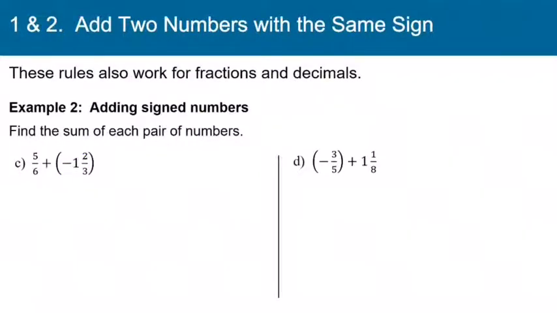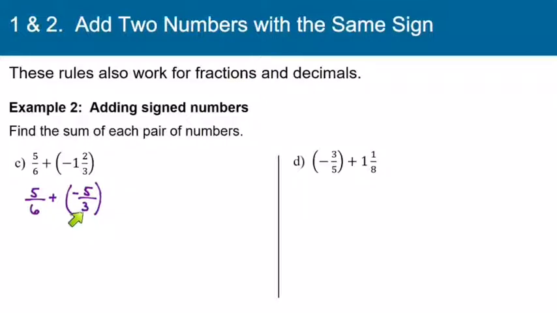Now, I have seen students before try to treat the 1 as negative, but remember the negative applies to the entire mixed number. So just let the negative sit out front and convert this mixed number to an improper fraction, and then the whole improper fraction will be negative. So again, 3 times 1 is 3, 3 plus 2 is 5. This is going to be 5/6 plus negative 5/3.